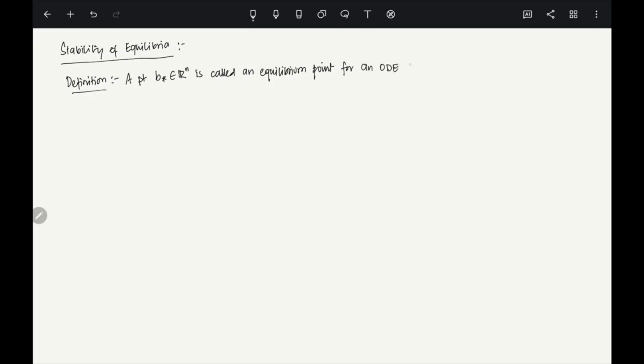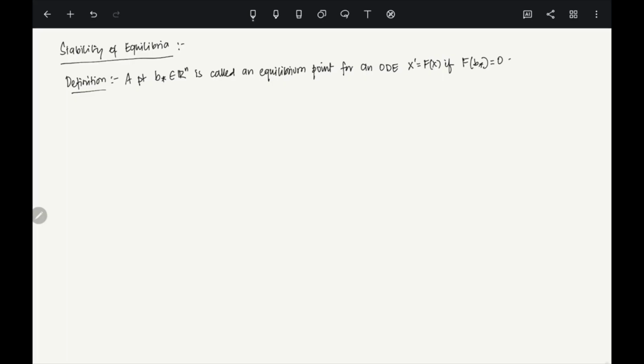What is the ODE? x prime equals f of x. If f of b star is going to be 0. Basically, at that point, if capital F, the source term, is 0, then we call this an equilibrium point.